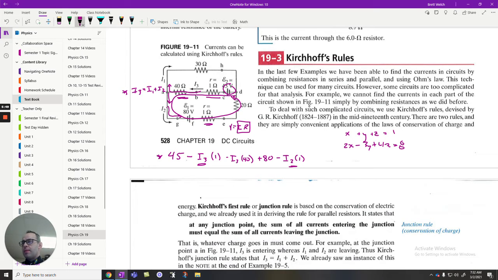A couple things to keep in mind. If you go backwards across a battery, like say that I was going this direction, if I had said I'm going to do that loop, for instance, you might take I1 around and go around the big loop, but that would mean I was going backwards against the battery, so that would be a negative 80 if I'm going backwards across the battery.